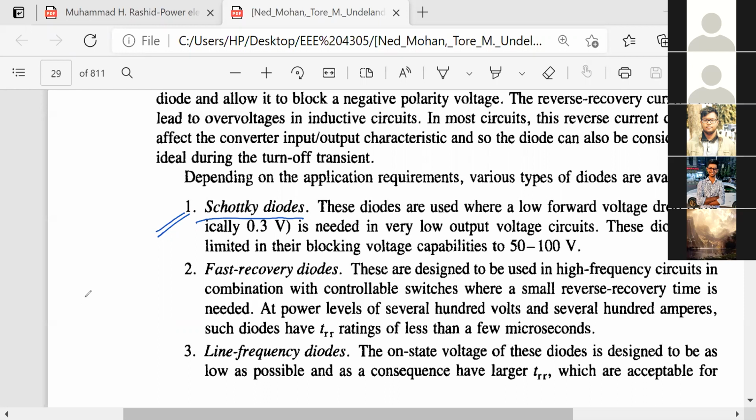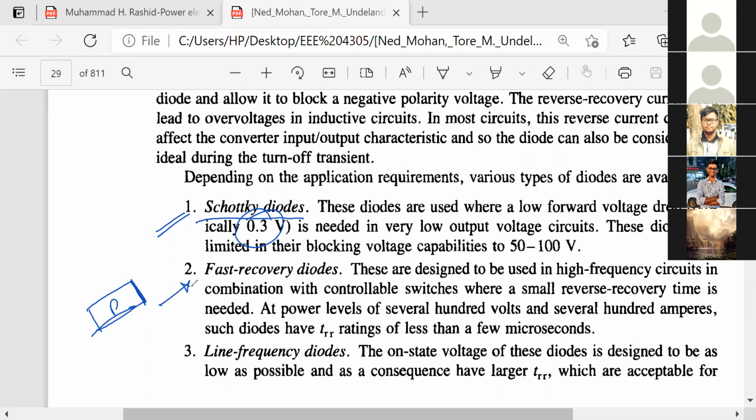It uses the Schottky barrier, where the barrier potential is less. You don't have the PN junction, rather there is a metal. P is there, and the metal is there. And then you can switch it very quickly. Why? I'll come to that after 1 or 2 minutes.